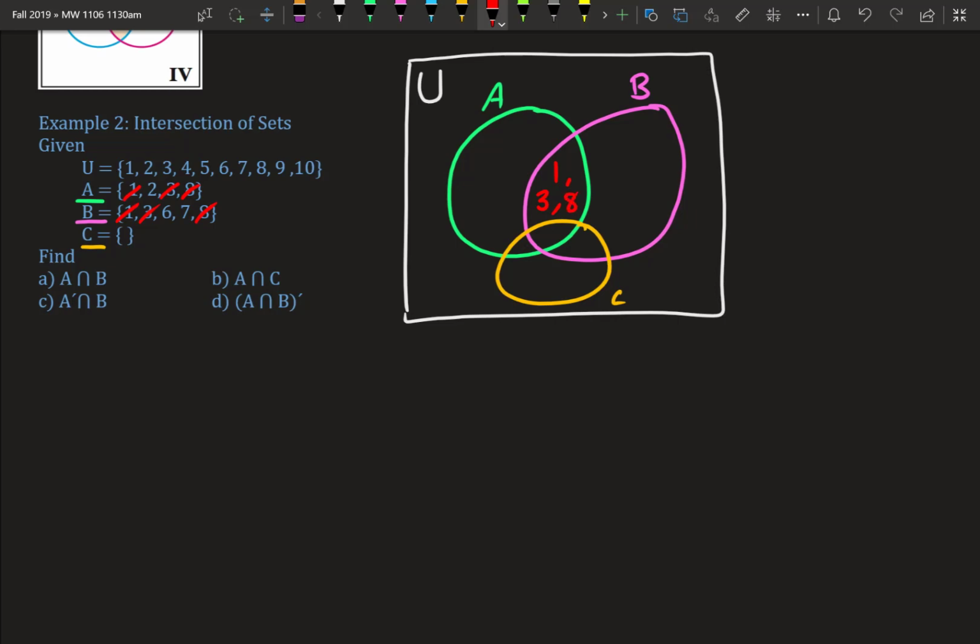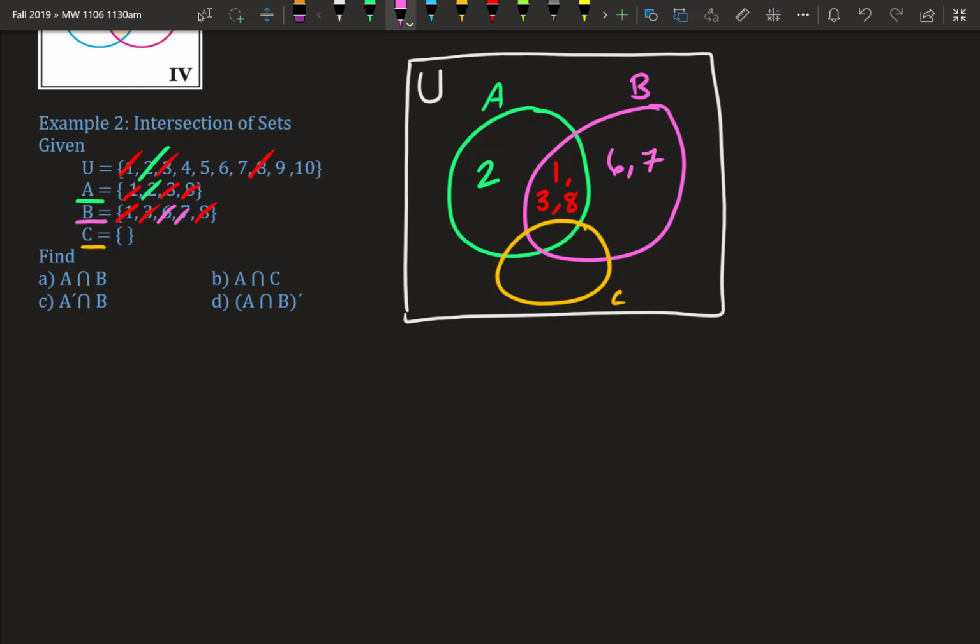So since we already used 1, 3, and 8, let's take it out of the universal set. 1, 3, and 8. Now that A, B, and C, there's nothing more in common. Let's just write what we have left over. So in A, we have 2. Since we used 2, I'm going to take it out of the universal set. And for B, we have 6 and 7.